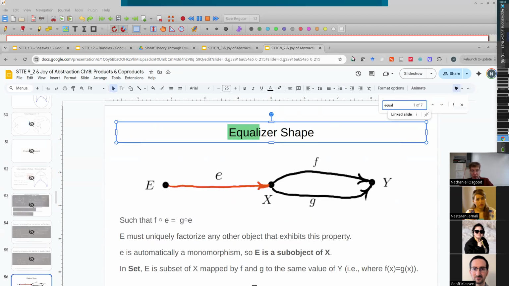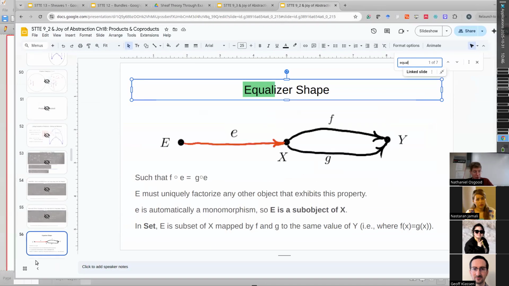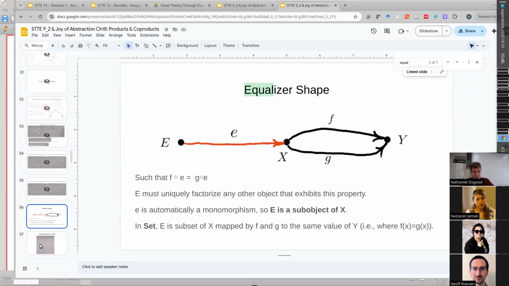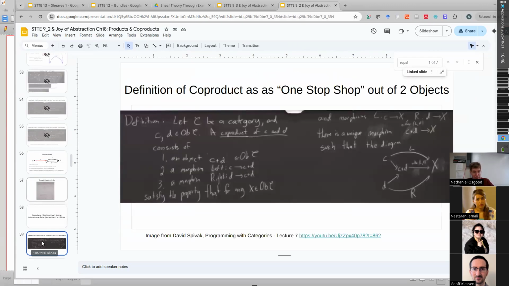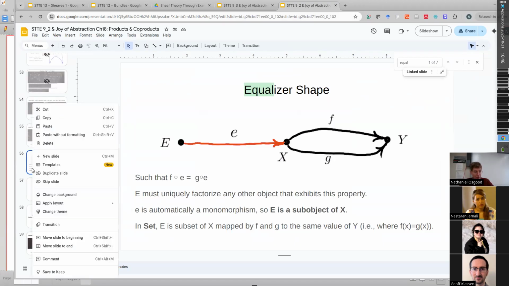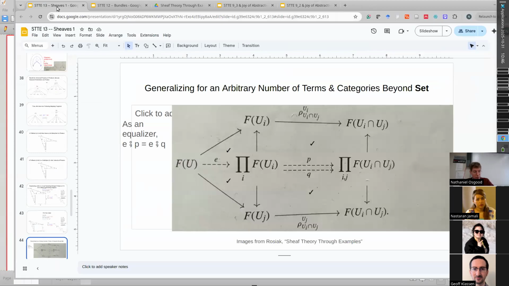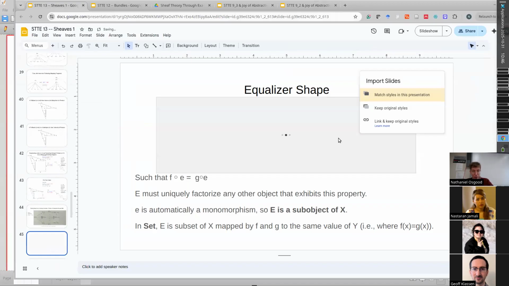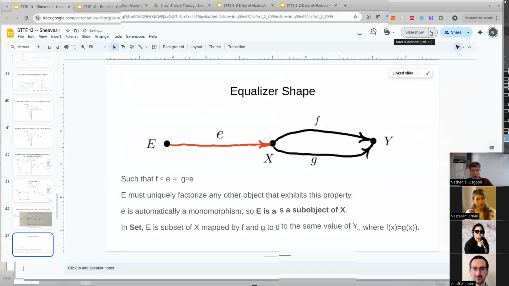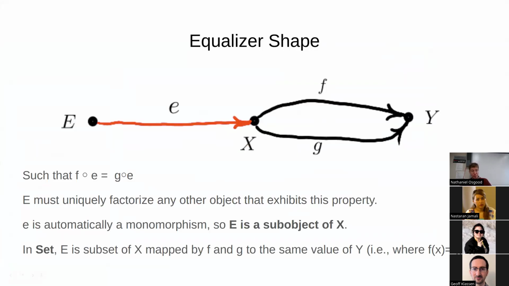Come on, here we go. Do you remember this characteristic of an equalizer? This is our equalizer, and we went through it on the board. Let's remember our equalizer. Okay, here's the equalizer shape, right? Do you remember the basic property of an equalizer, the characteristic? What did it involve?